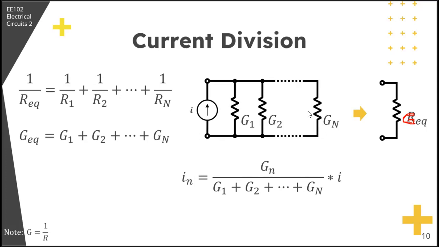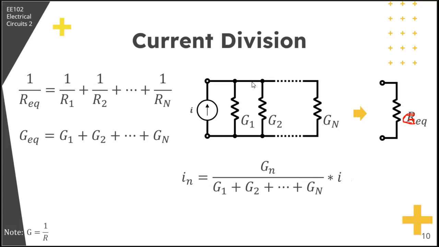So kung mag-solve ka sa current nga niagi kay G2, so G2 yung gamiton diri. Ang conductance ni G2 over ang sum sa tanan conductances nila times ang imuhang source current. Okay? So mas masayon imuhang pag-solve.